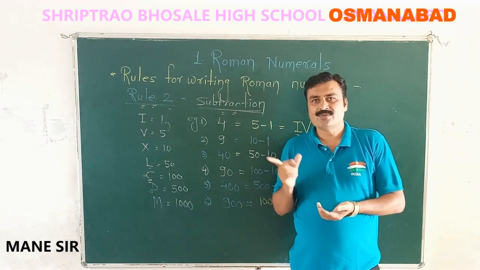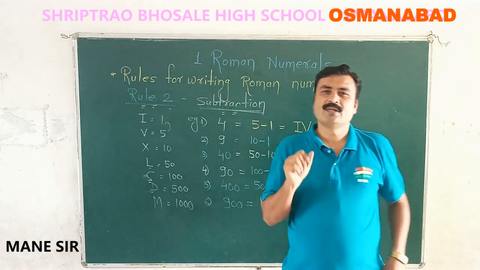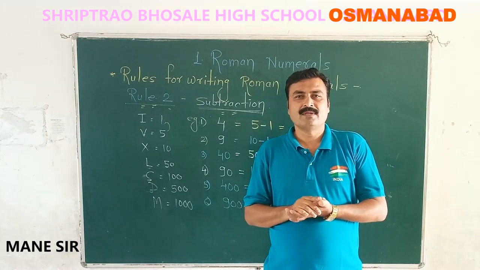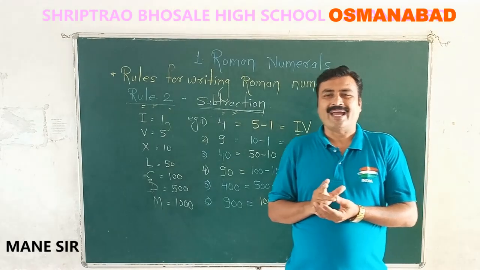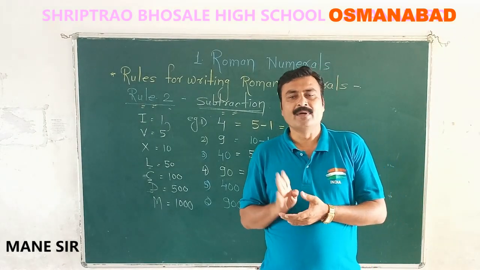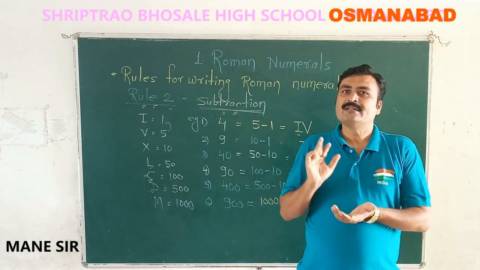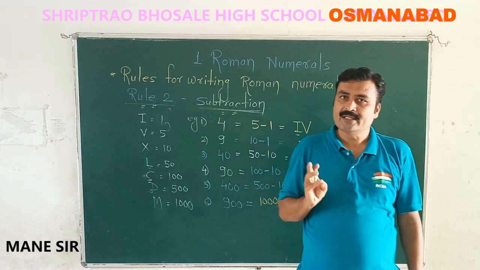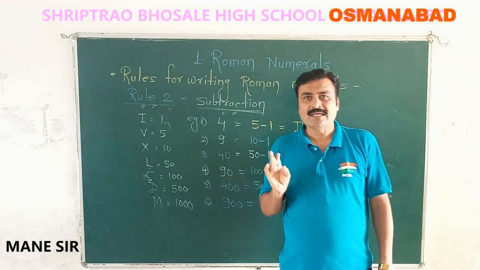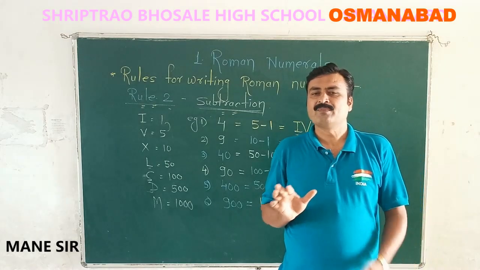While explaining these two rules, in the first rule I stated that out of 7 basic signs of the Roman number system, I, X, C and M, these 4 Roman signs we can repeat 3 times continuously at maximum. But the remaining 3, that is V, L and D, we never repeat.